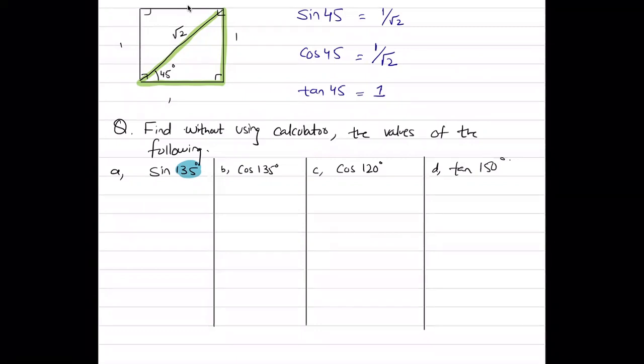So sine of 135 is going to be equal to sine of 180 minus 135. So what is the acute angle equal to? Sine 45. And what was sine 45? You need to do it without the calculator. Sine of 45 is going to be 1 upon square root 2.